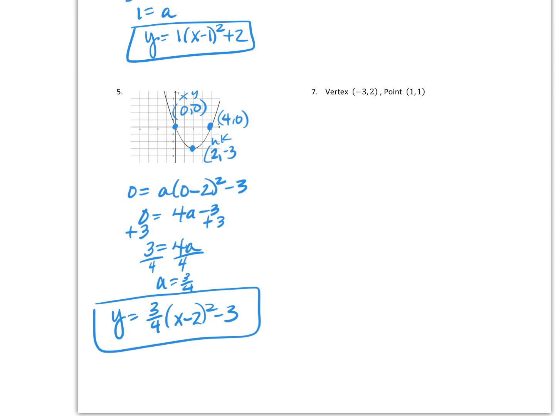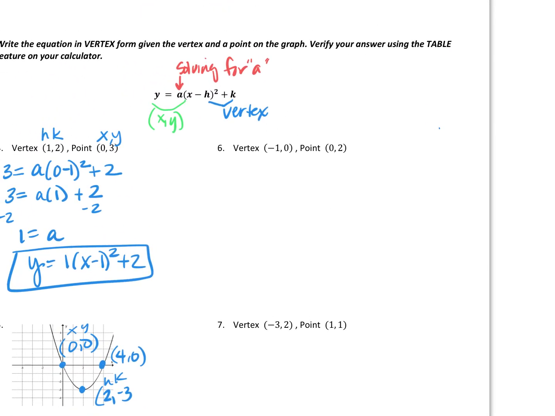And you can check this on your calculator, double check your work. But let's move on to number 6. Same exact process, here we go. Vertex is h, k, point is x, y, and I'm solving for a. So 2 equals a times x minus h, so plus 1 squared, plus k.